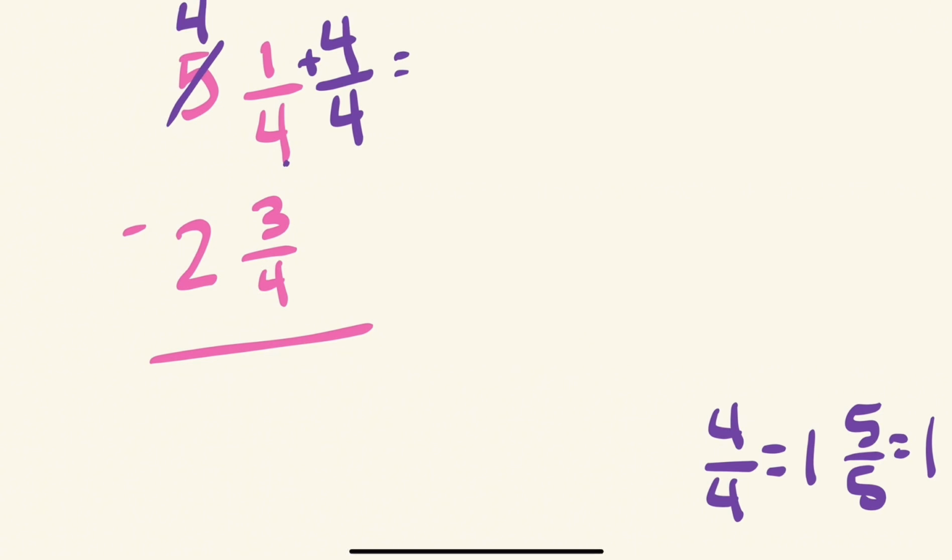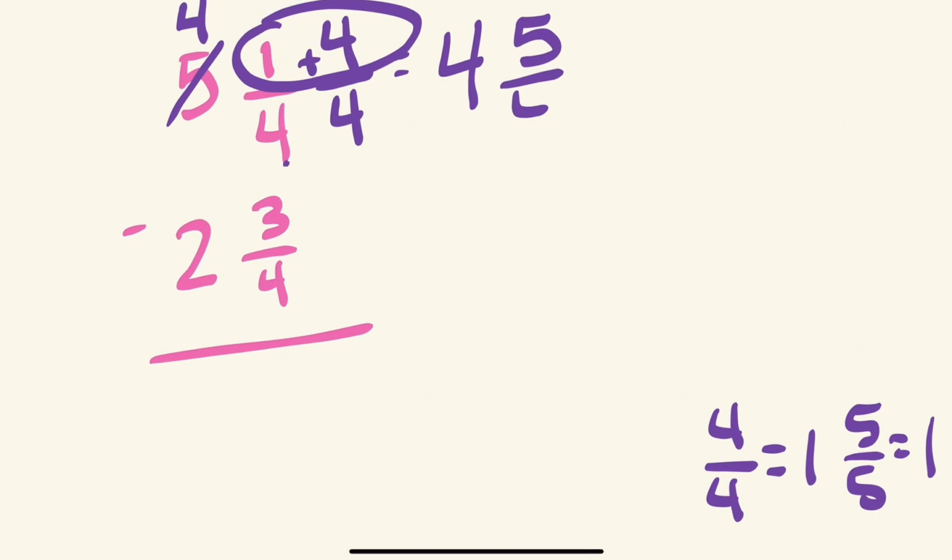When I do that, that leaves me with 4, and 4 plus 1 is 5 fourths, minus 2 and 3/4. Now we are ready to do our math.